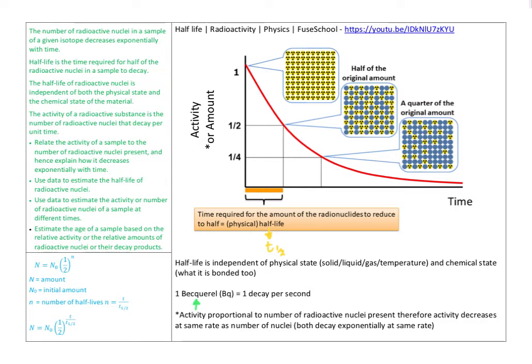Let's say an initial activity of 400 becquerel. And then we knew at some time later it had an activity of 100 becquerel.